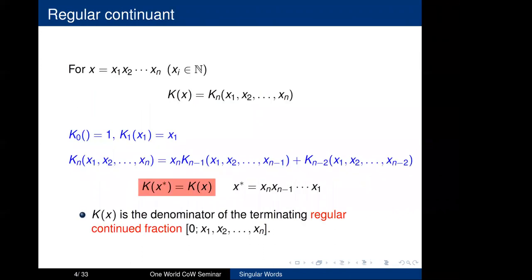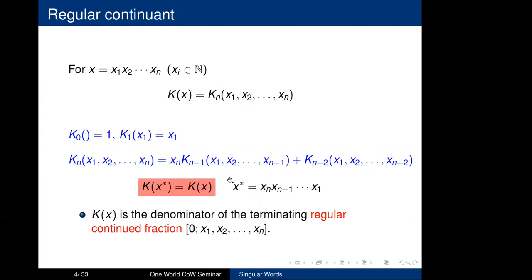So there's the regular continuant, which I'm sure you're all familiar with. I will denote it by K. I won't be putting commas here. I'm going to be thinking of these as just words made up of positive integers. It's just easier not to put the commas and the parentheses. And it's defined recursively according to this rule.